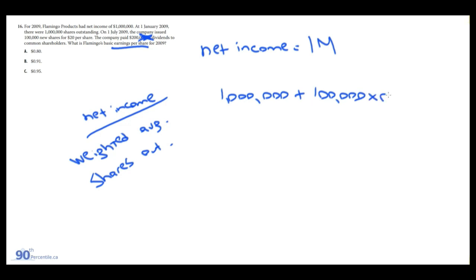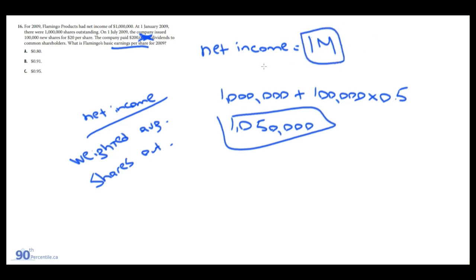So we actually multiply this by 0.5, and we end up with a weighted average shares outstanding of 1,050,000. So this net income for the year, the million across the year, is divided by the weighted average shares outstanding. It makes sense because these 100,000 shares were only there for half the time that the million was generated. So that's why we're taking the weighted average.